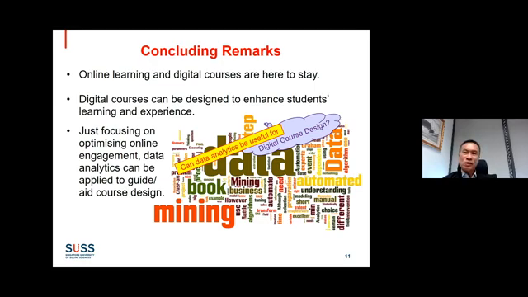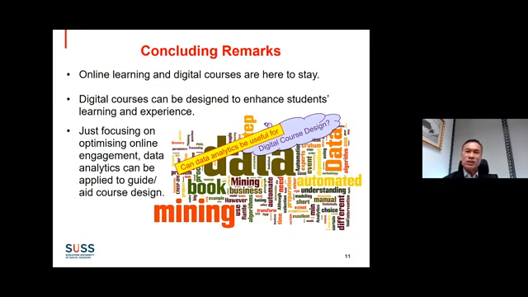But when we design courses, there can be other factors that we should consider, such as the content of the material we're trying to teach the students. So we have to put all these things together so that at the end of the day, we hope that online learning, digital courses can be very useful to our learners. With online learning, we can extend our reach and make opportunities of learning available anytime, anywhere.